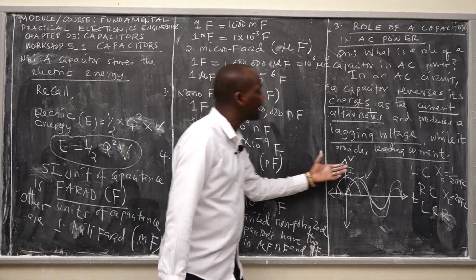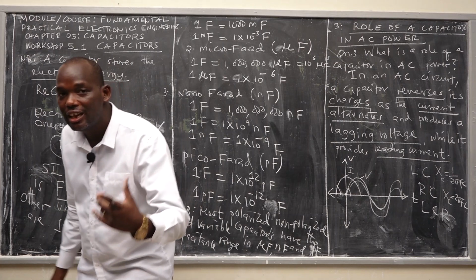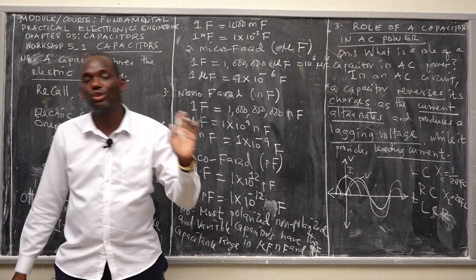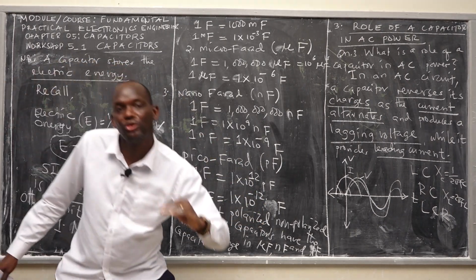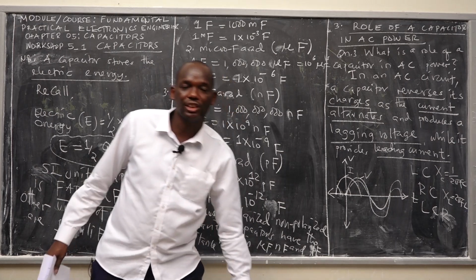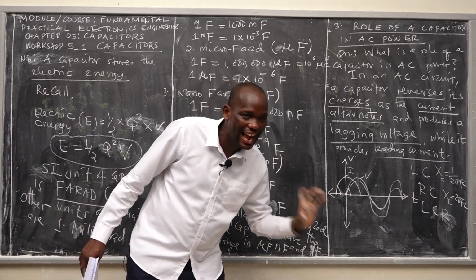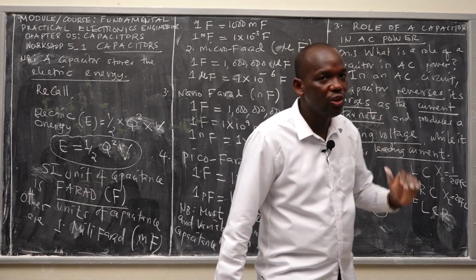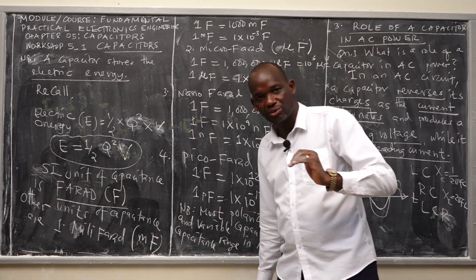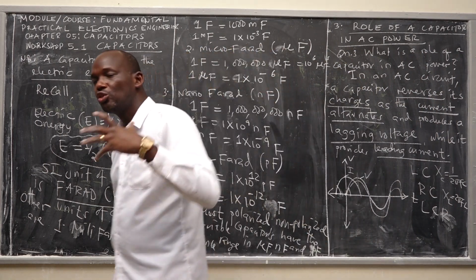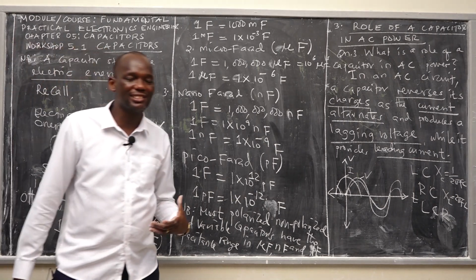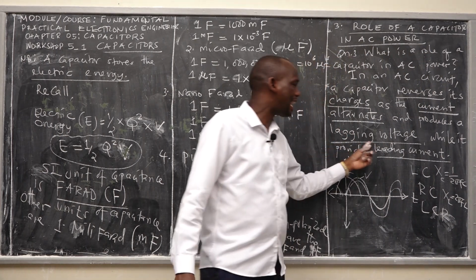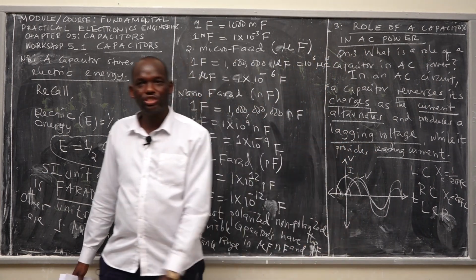But let's come back to the capacitor. When a capacitor is used in AC, we have reverse directions of alternating current, a positive half cycle and a negative half cycle. When the alternating current passes through the capacitor, it causes the voltage to lag behind and the current to lead.